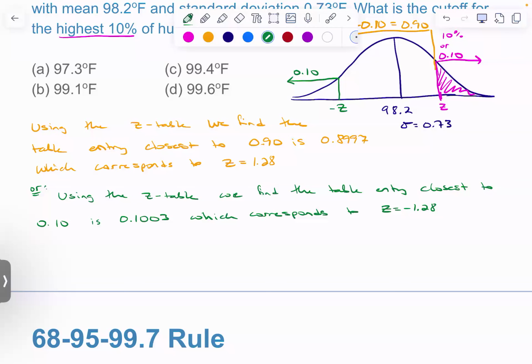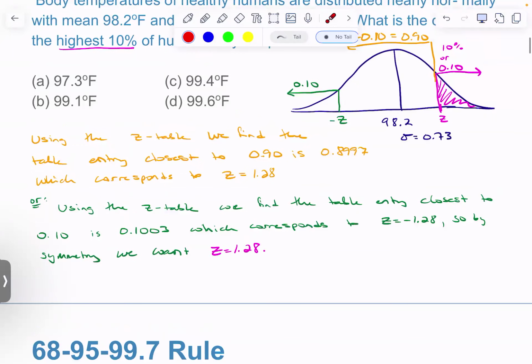So by symmetry, we want Z equal to 1.28. Same result. I'm just showing you the two different ways that you could have done it, right? So whenever there's an or, right, then you've got options. You only have to do one, of course.